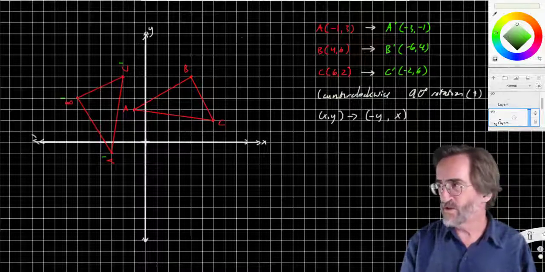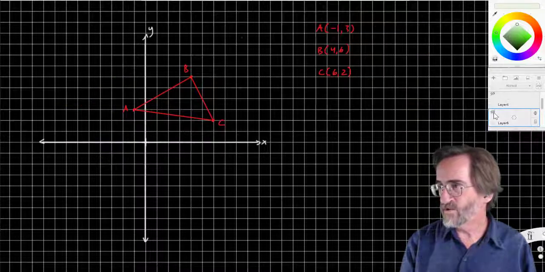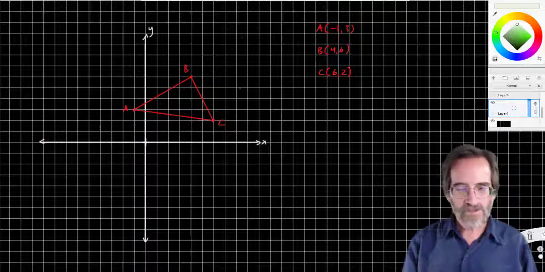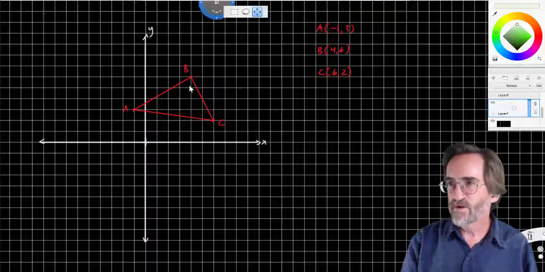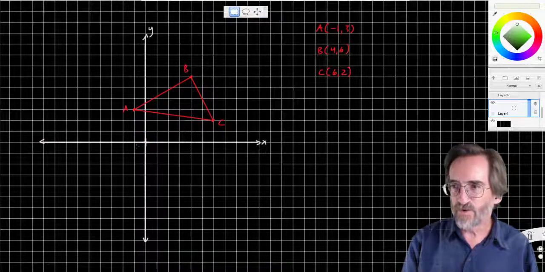There is one more rotation we want to do, and I'm going to squeeze this in. I'll try to be efficient about it here. Okay, so let's go ahead and hide this layer here. All right, and let's go back here. And this time I want to do a 180 degree rotation about the origin.